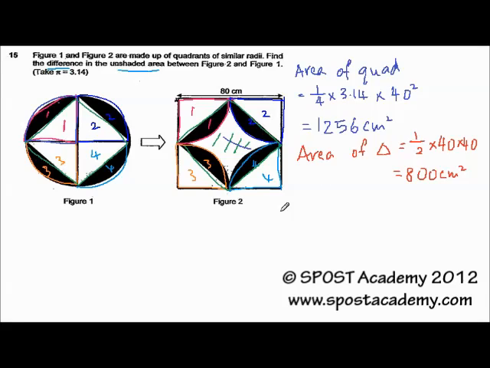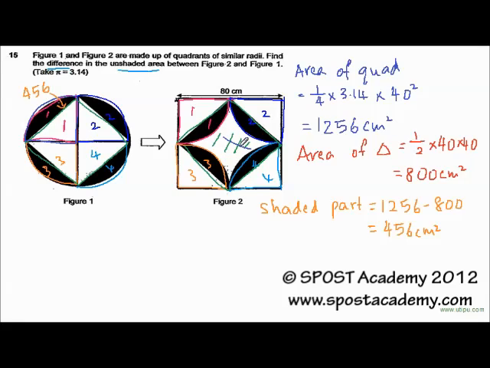So to find the area of the shaded part, I'll just use the area of the quadrant, which is 1256 minus 800. I'll get 456 cm square. That is to say, this part is 456 cm square.